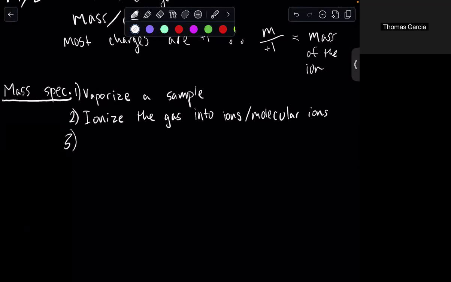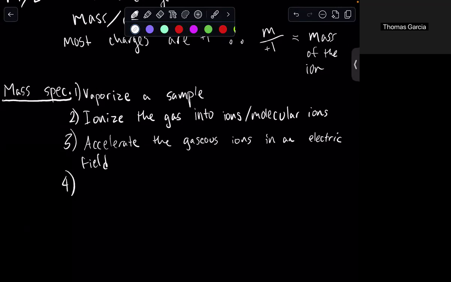Then we accelerate the gaseous ions. And we're going to do that in an electric field.